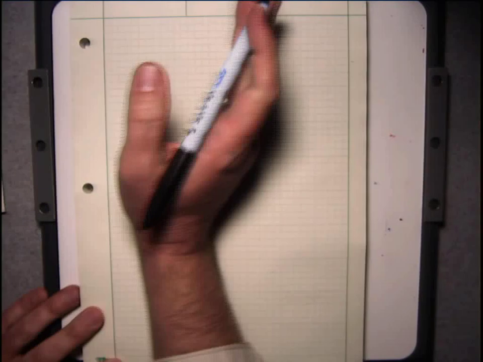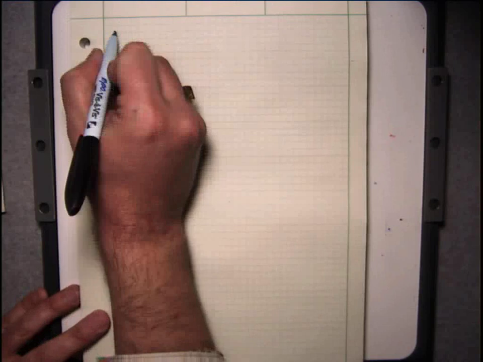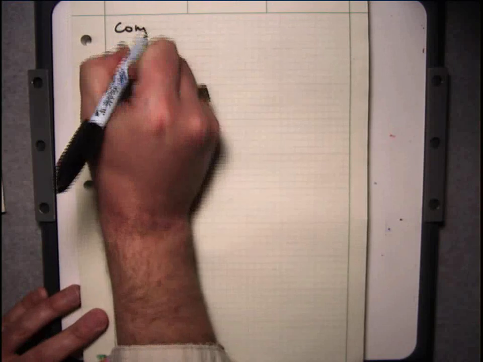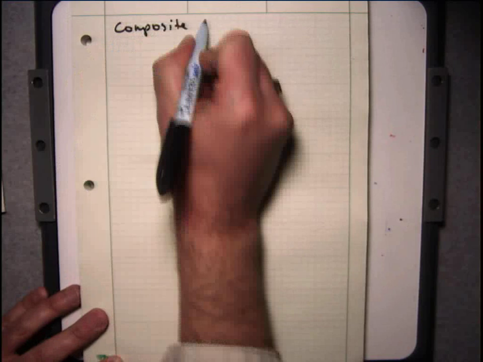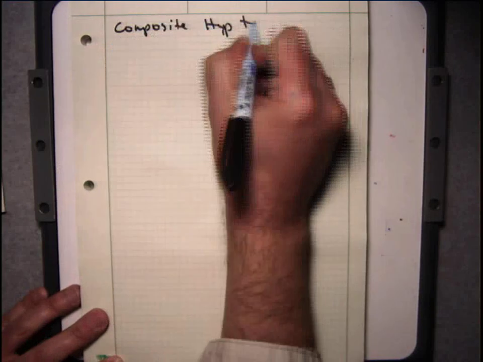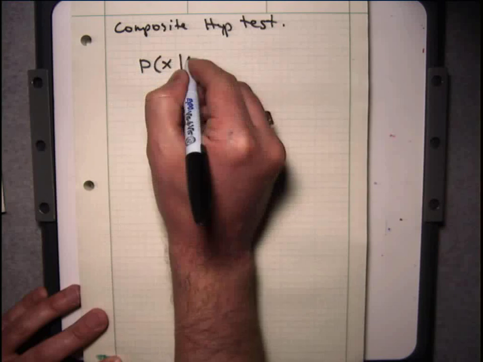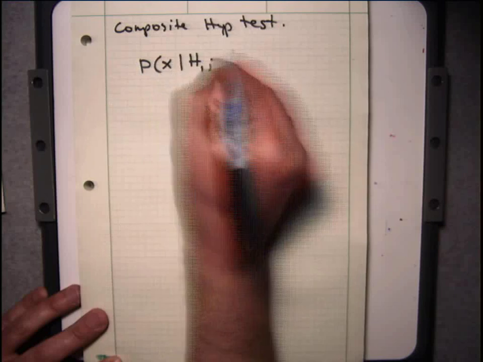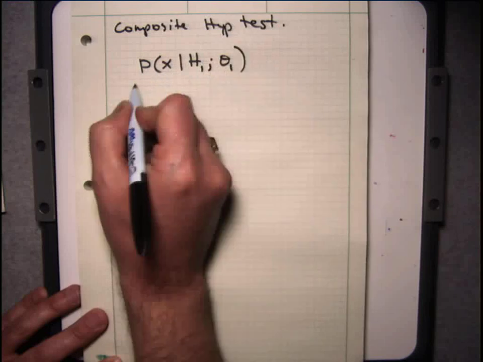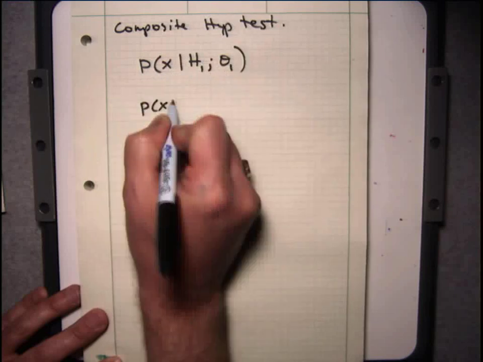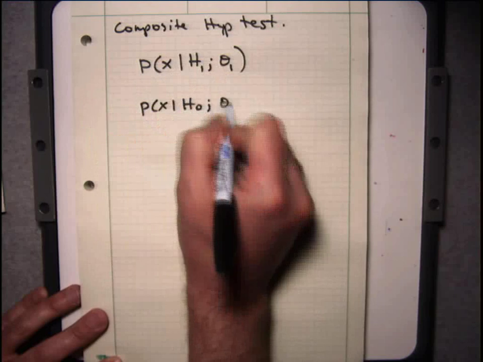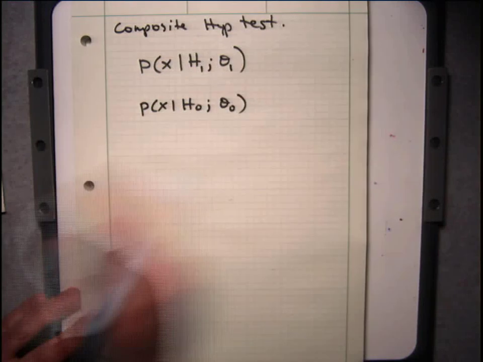The idea here was that if you had two different distributions for each hypothesis where there were some unknown parameters, then the composite hypothesis test was, let's say you have P of X given H1, and there's some unknown parameter theta 1 in this case, and P of X given H0 with some unknown parameter theta 0. Okay? Unknown parameter in both cases, yes?